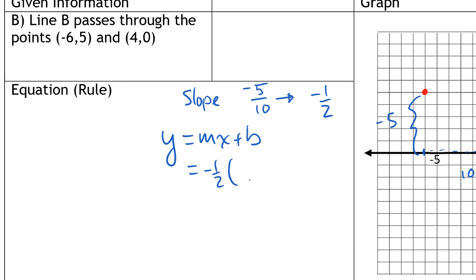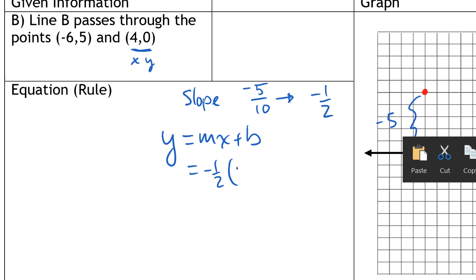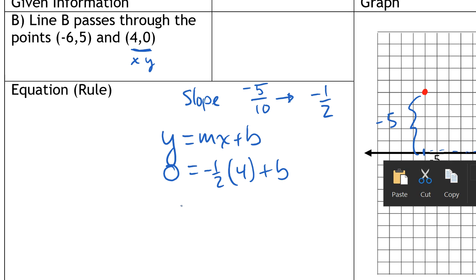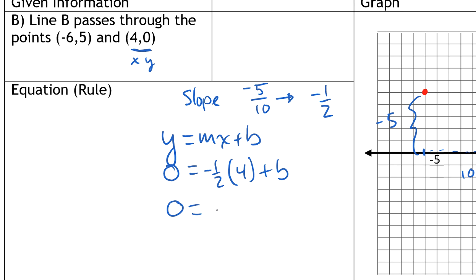We can plug in a particular x value. In fact, I'm going to use this point, where x is 4 and y is 0. So I'm going to plug in a 4 there, plus this b value, and plug in that y is 0. If I simplify this, I've got 0 equals -2 plus b. If I add 2 to both sides, I get that b is 2.